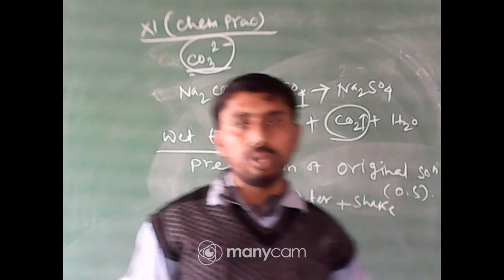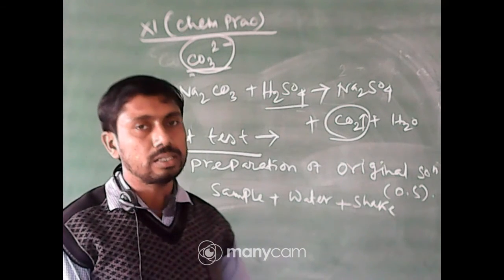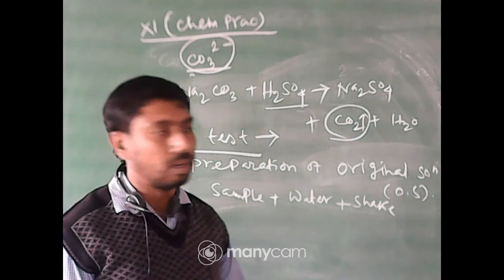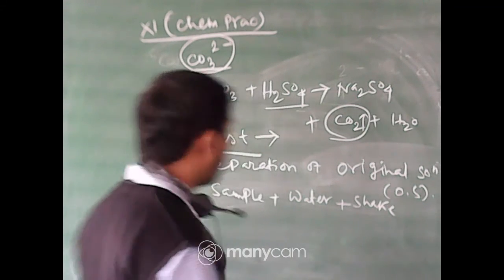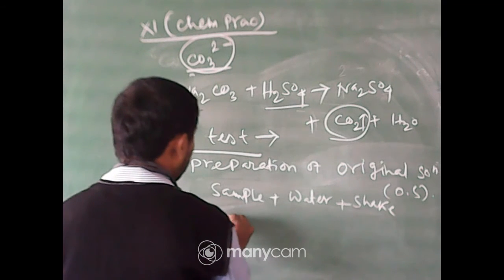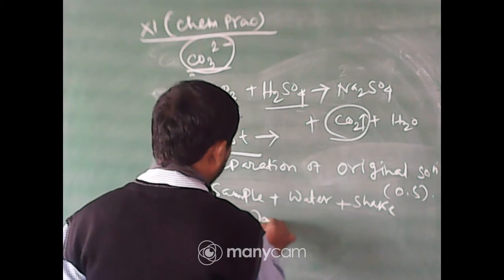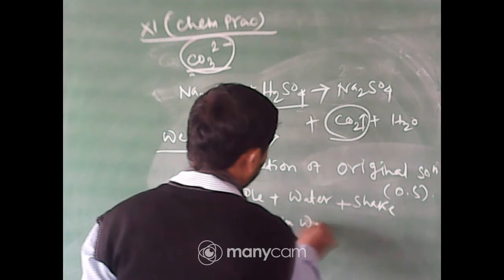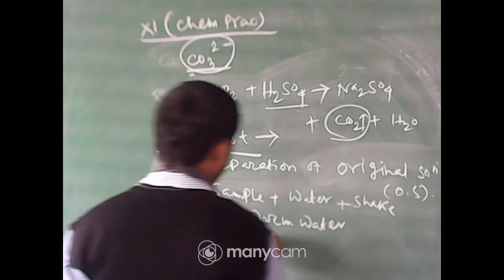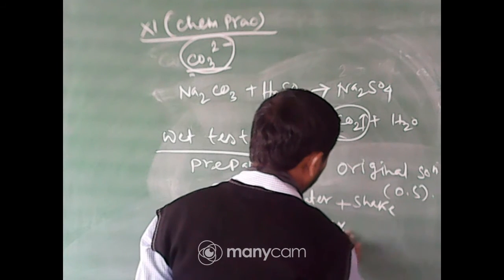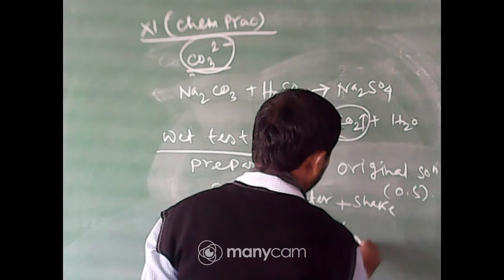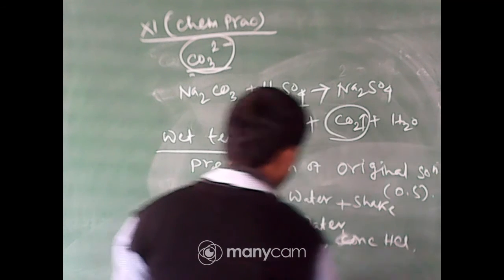Basically the samples used up to class 12 are water soluble samples, but apart from water, in the solubility list they have first of all water, then warm water, then dilute HCl, then concentrated HCl, then aqua regia.